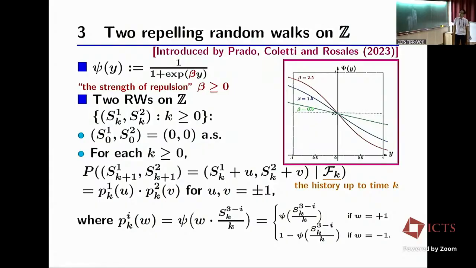So if the proportion of the pluses, the number of pluses, is dominant, then the other elephant takes the step to the opposite, the negative direction.